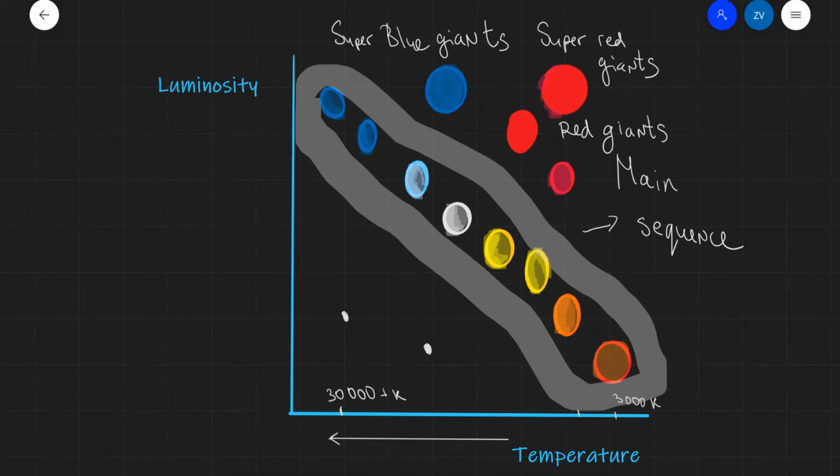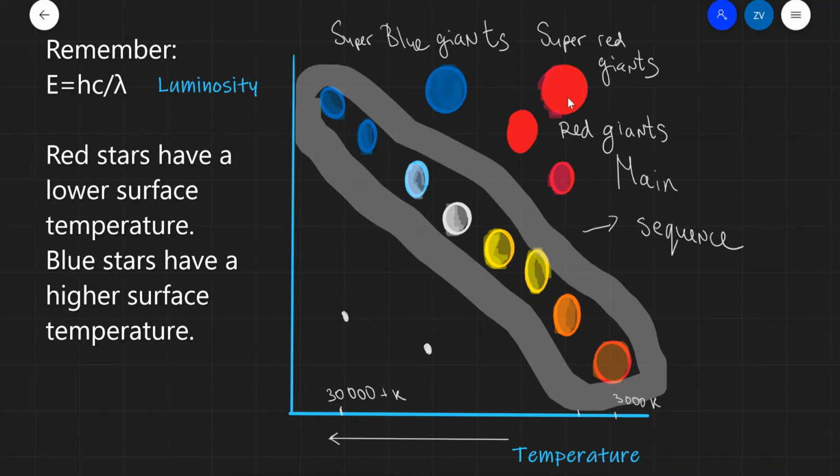Notice that the color of the star corresponds pretty accurately to its surface temperature. For instance, the stars which are on the right hand end tend to have a lower temperature and they have a red color. The reason for that is because red has the longest wavelength, and remember that the energy of the particles of light called photons is actually inversely proportional to the wavelength.